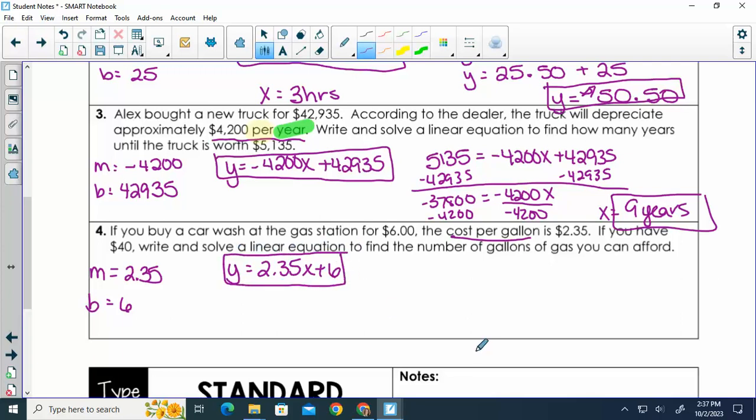All right, we have $40. So what variable does that go in for, x or y? So y is 40. If we subtract the 6, we have 34 equals 2.35x. If we divide, it doesn't work out perfectly.